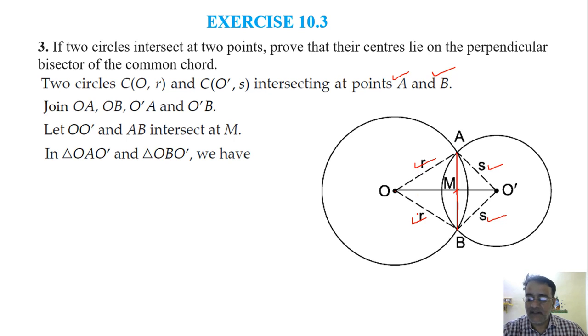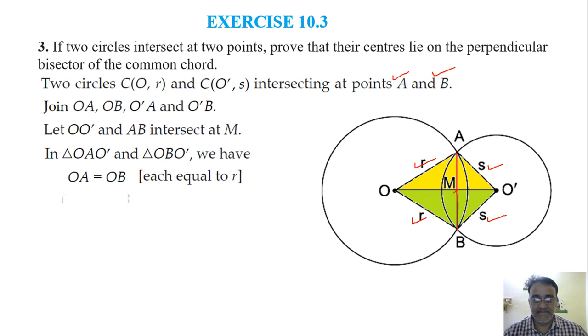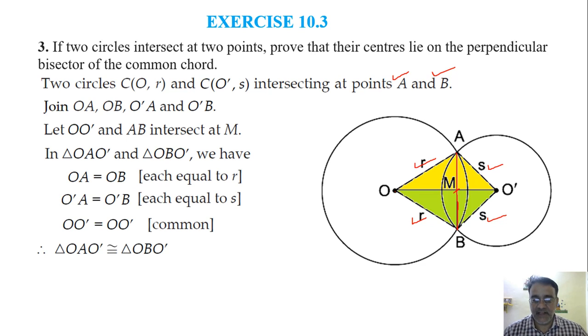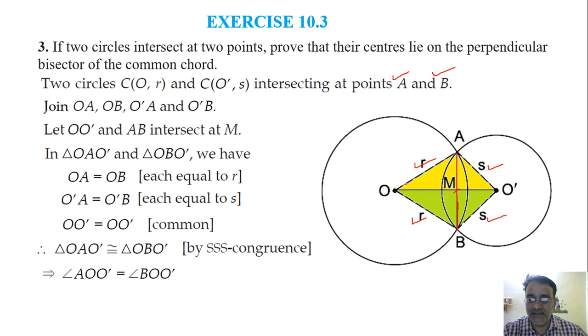Each is equal to R. And O'A is equal to O'B, each is equal to S. And OO' is common. So these two triangles are congruent by which criteria? SSS congruence rule, right? So if these two triangles are congruent, these two angles are equal by CPCT.